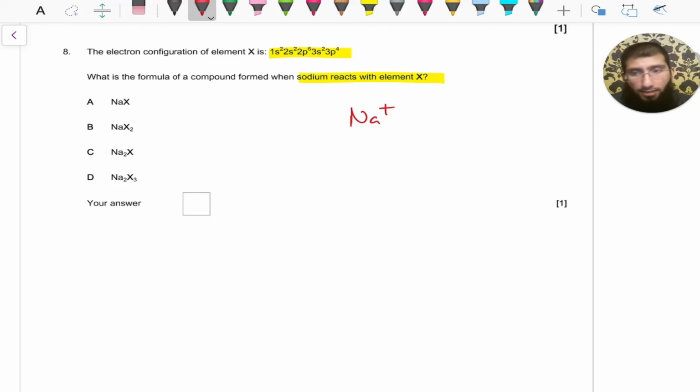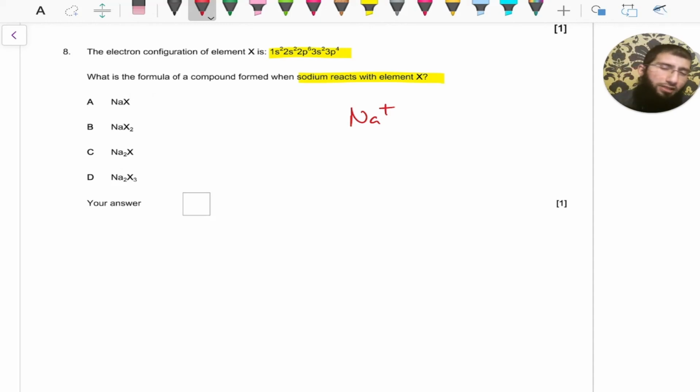Already suggestive that it's in the p block because the highest energy electron is in the p orbital. And it's going to be in the 4th column of the p block. So that includes groups 3, 4, 5, and 6. And in fact, it's going to be in group 6 because that's the 4th group in the p block.